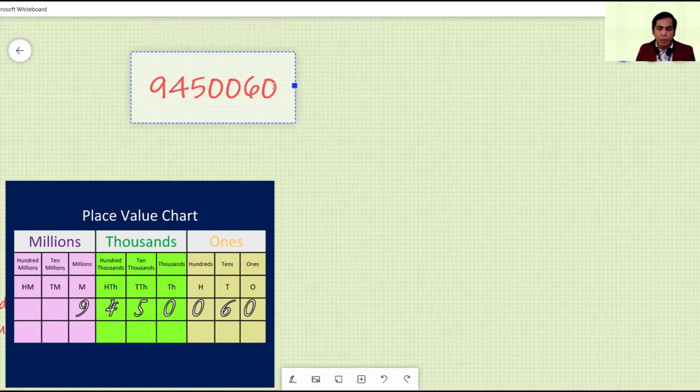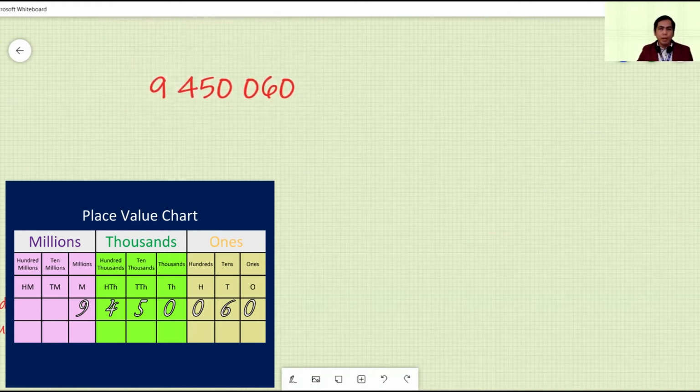So, let's count 3 digits starting from the right, in which these 3 digits belong to the ones period. So 1, 2, 3. So you have 0, 6, and 0 belong to the ones period. 1, 2, 3. So the 0, 5, and 4 belong to the thousands period. And we have only digit 9, which is found in the millions place.